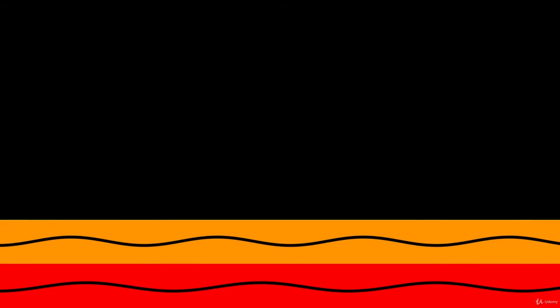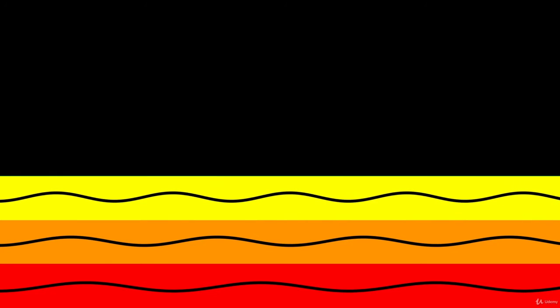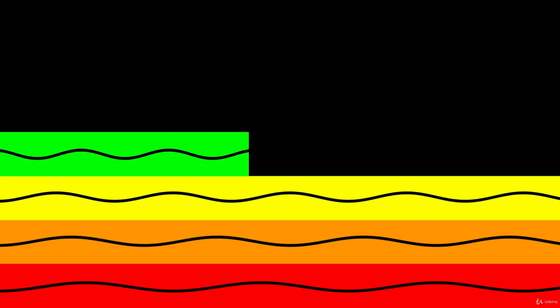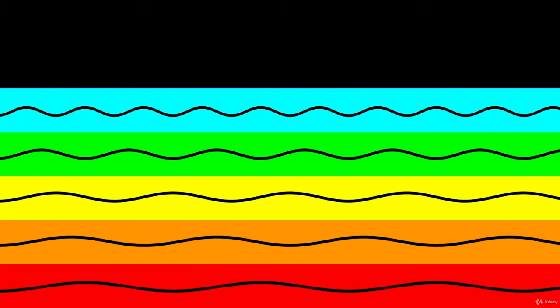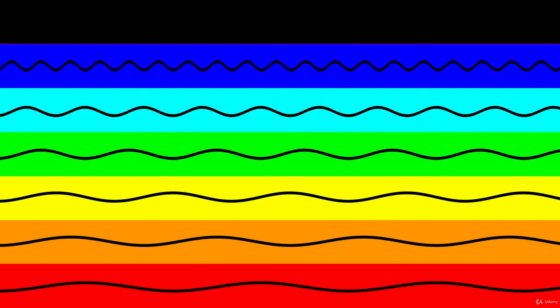Each color as we know it is actually just a different wavelength. Red has the longest wavelength with a small frequency. Orange has a shorter wavelength than red. Yellow is shorter than orange, then green, cyan, blue, and violet.